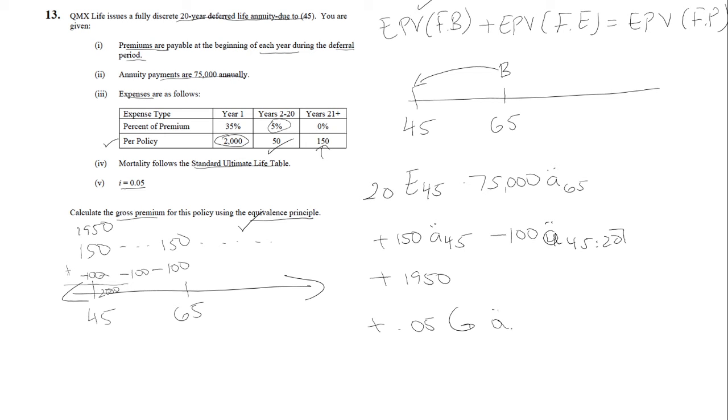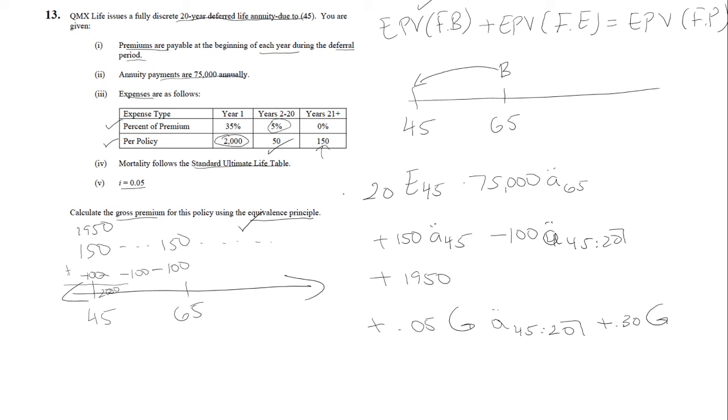So that'd be age 45 going out for 20 years. And because that's starting at year 1, well, year 1 has to be 35%. But now we're including 5%, so there's another 30% that we need to include. So that is the percent of premium.